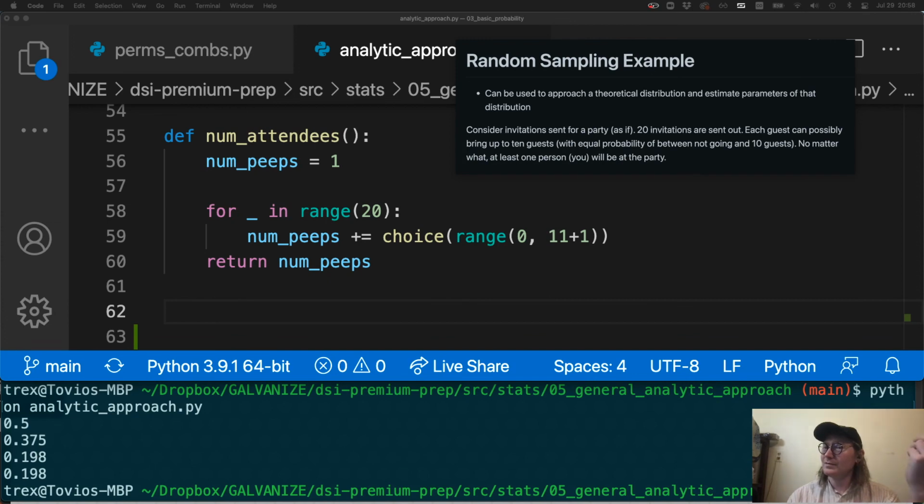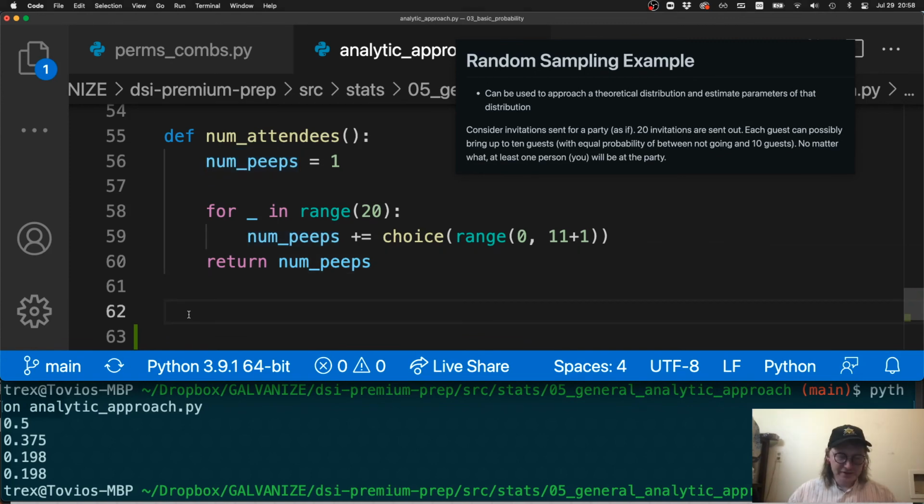Think about it. Like 5.5, probably. On average, that's what you're going to get. So 5.5 times 20 plus 1 is a good guess at an expectation.